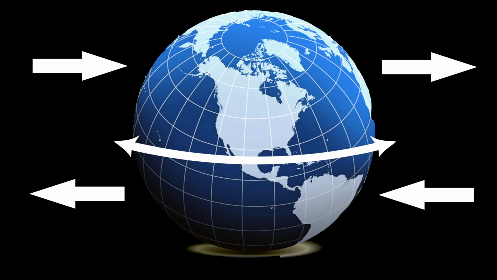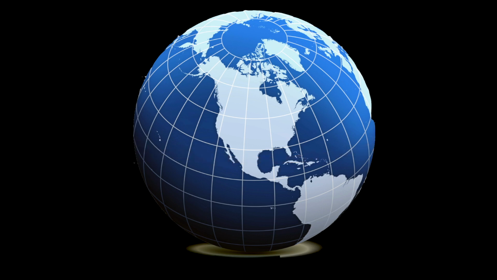The rotation of the Earth turns fluids like air to the right in the northern hemisphere and to the left in the southern hemisphere. Let's now return to our slide showing the Earth in its vertical location. That is to say, the axis of the Earth running in a vertical direction.